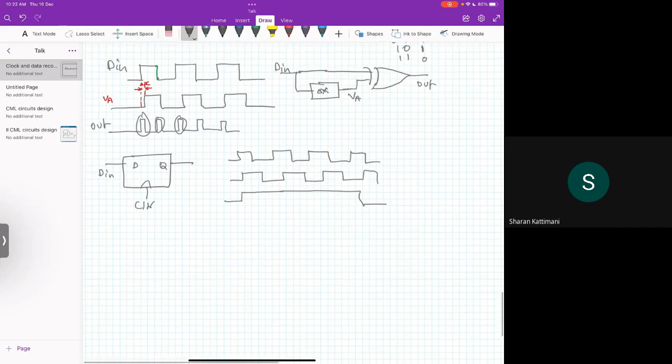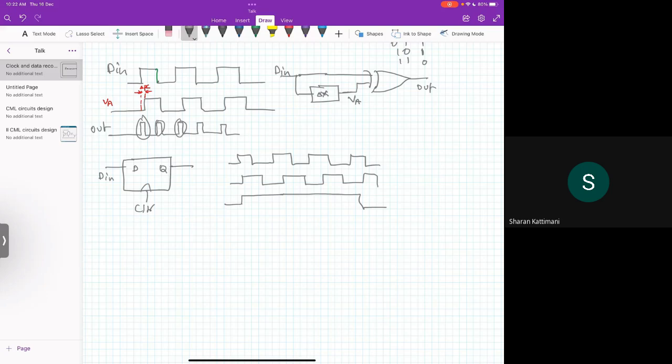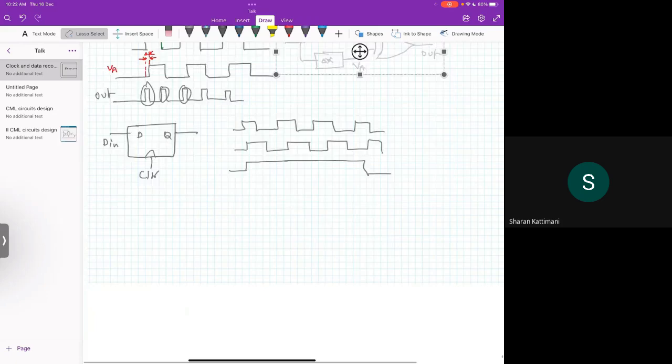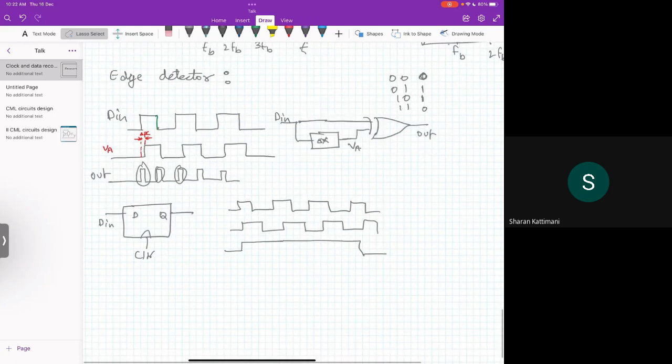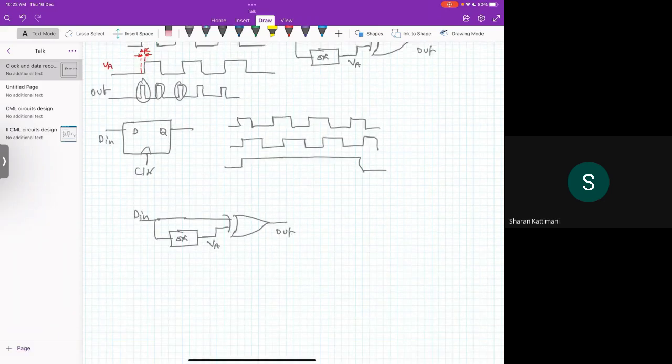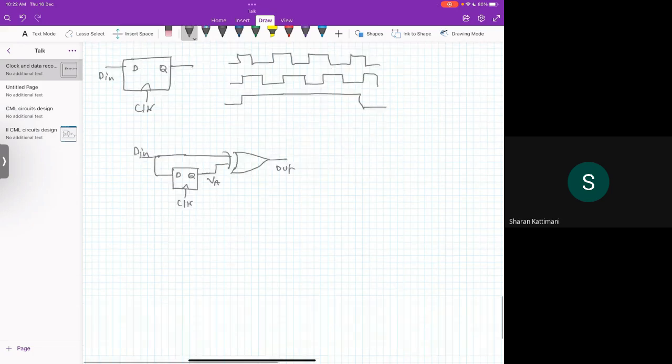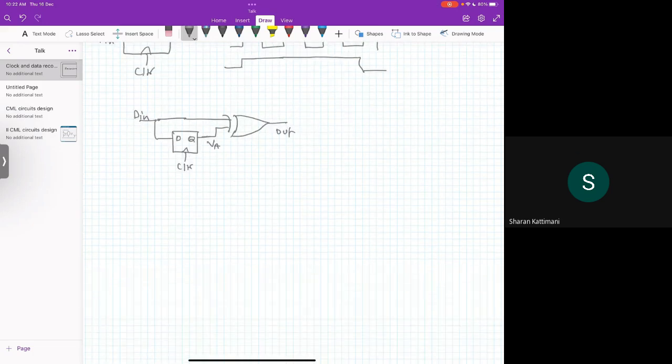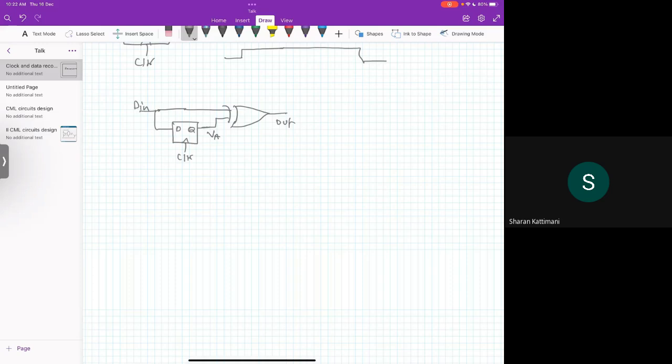Can we replace the same thing here? We take this, and to get this particular delay, we will replace this with a clock. This will ensure that you have a proper delay based on the clock.